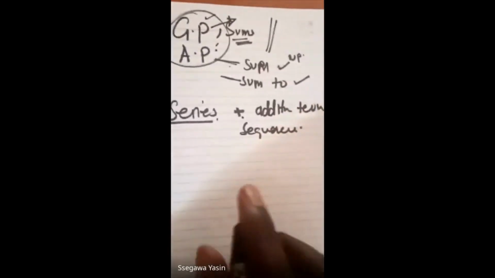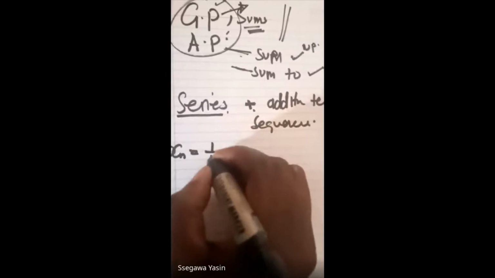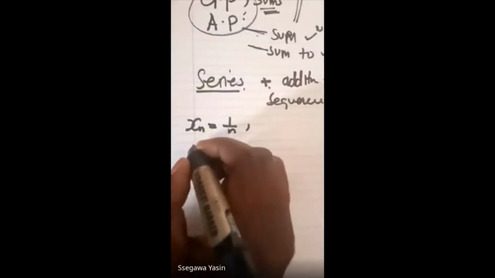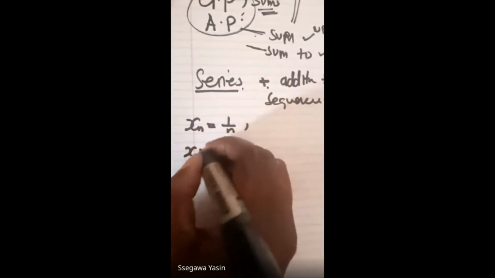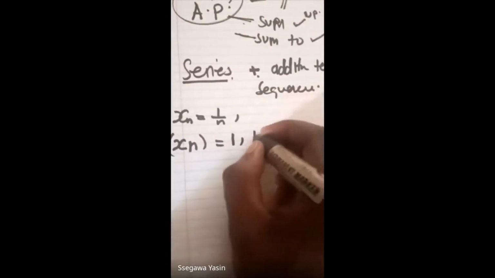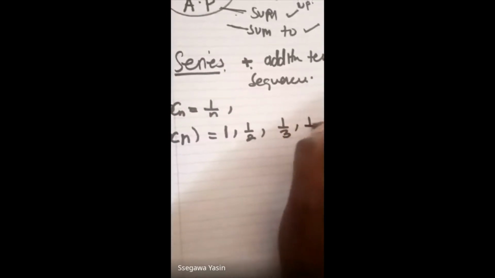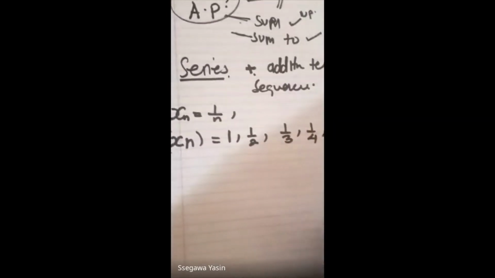What does it mean, therefore? If I have a sequence xn equals 1 over n, and I try to analyze this, I'm going to have xn equals what? I have the first one, which is 1. I have a half. I have a third. I have a quarter, and other terms.